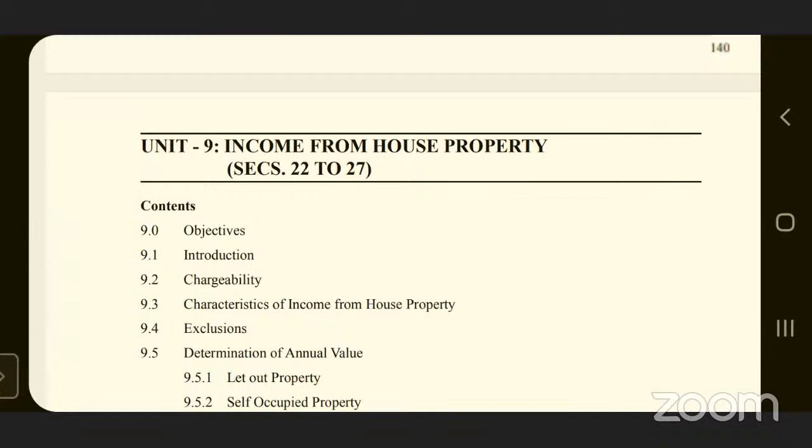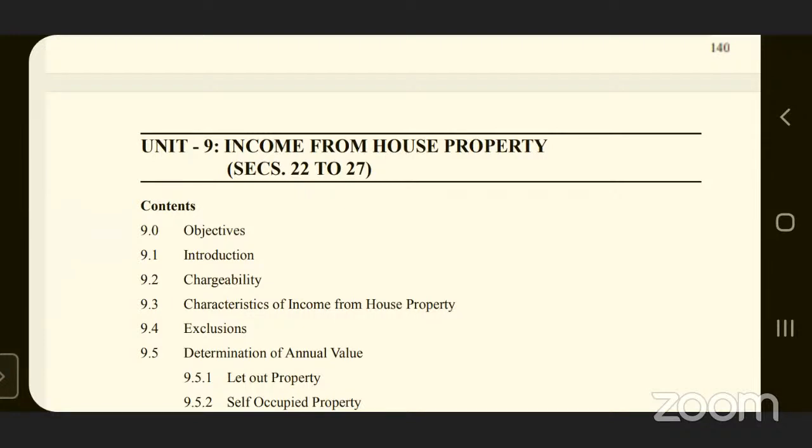When an individual sells a particular house, whatever amount he received is called income which comes under capital gains. Whereas rent arising out of letting a particular house is called income from house property.